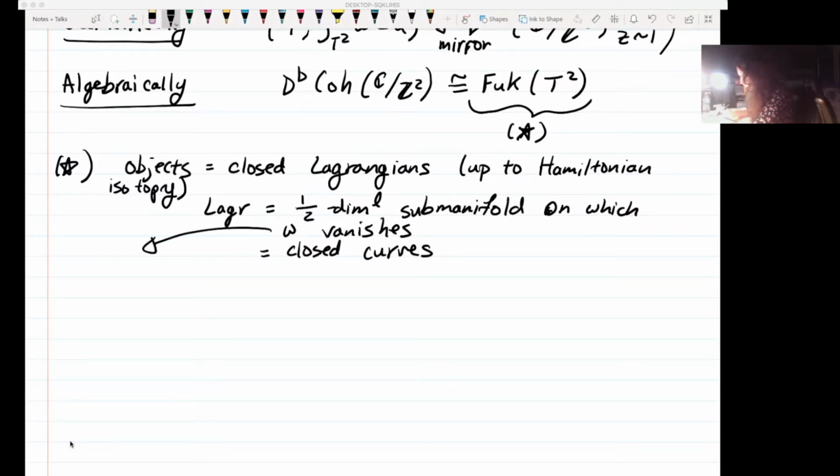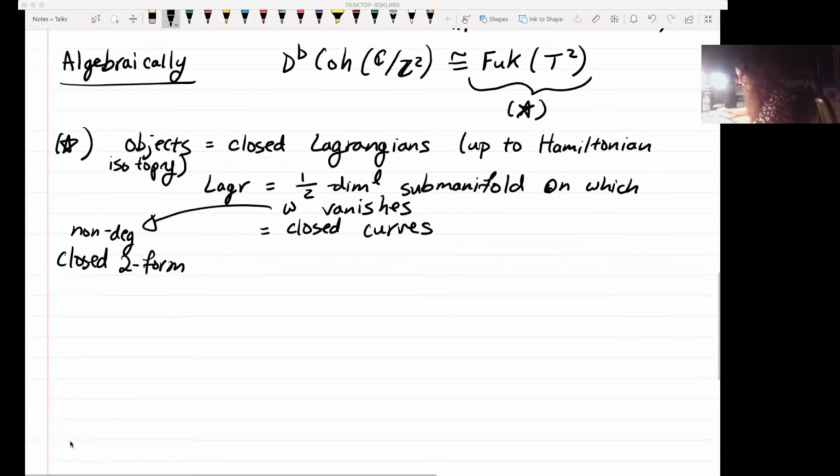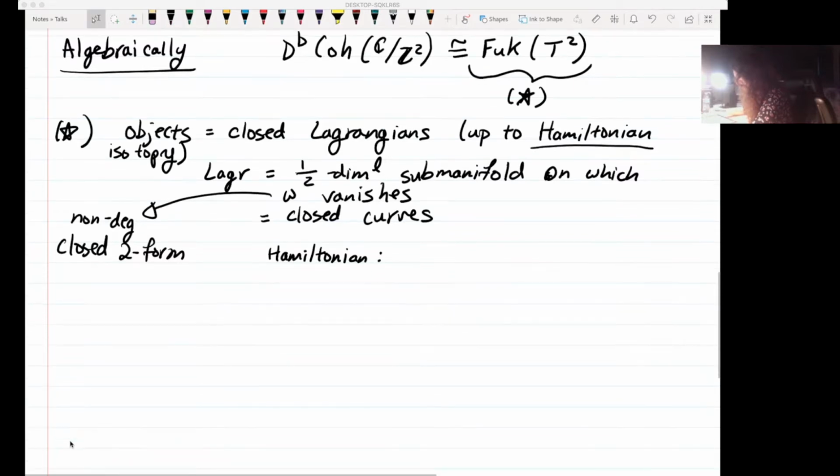So omega is a non-degenerate closed form. And up to Hamiltonian isotopy, that means that we have a vector field which is dual under contraction to a smooth function.